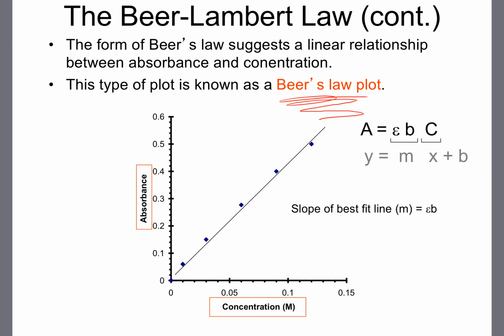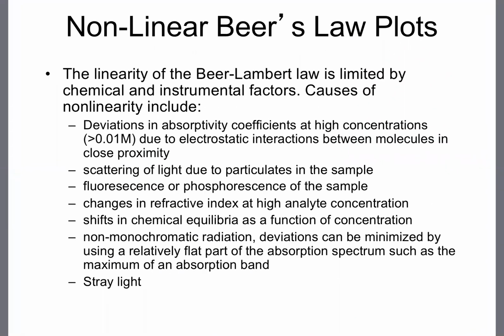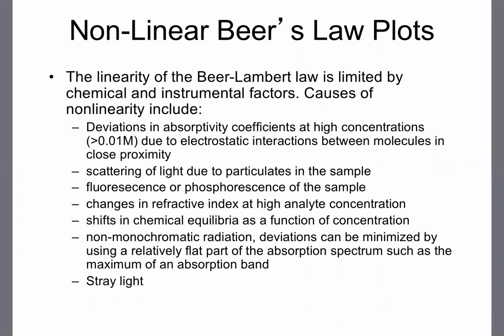It's called a Beer's law plot or Beer-Lambert law plot sometimes, okay? And all it is is this plot of absorbance versus concentration. It's sort of like our calibration curve for this type of experiment, basically. And it shows the linear relationship between absorbance and concentration. Now, I keep mentioning this linear relationship, but sometimes things go wrong.